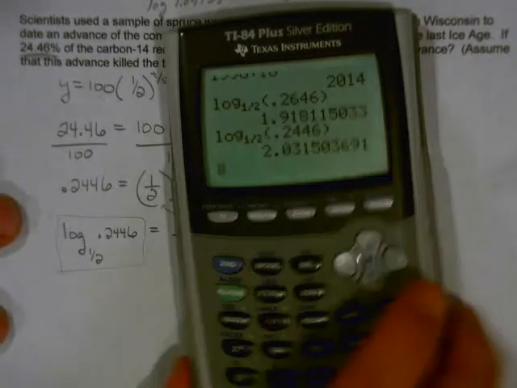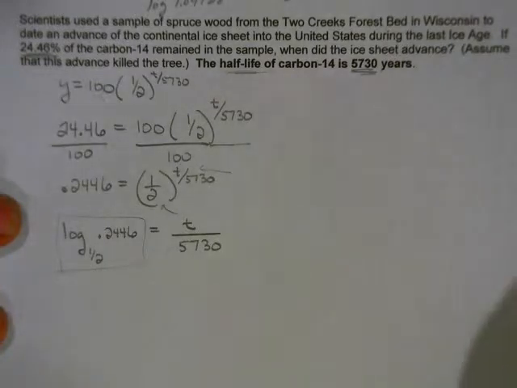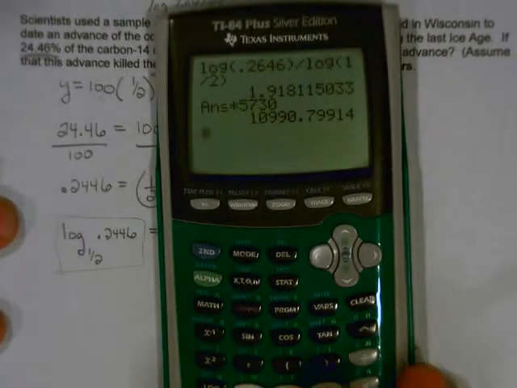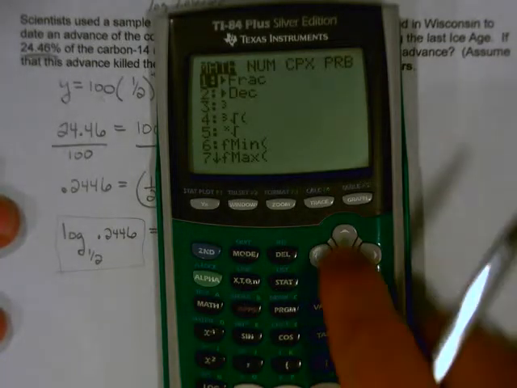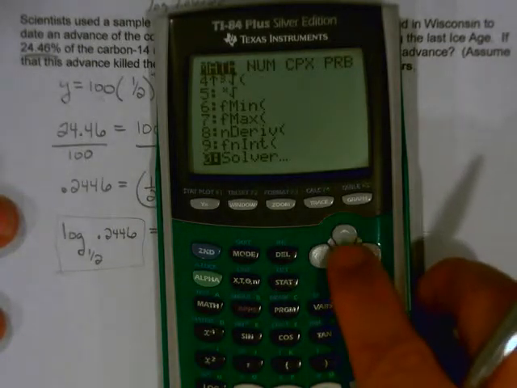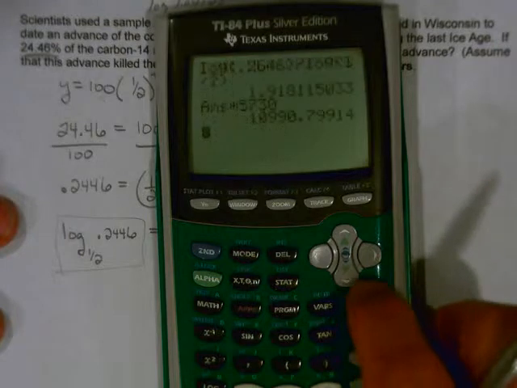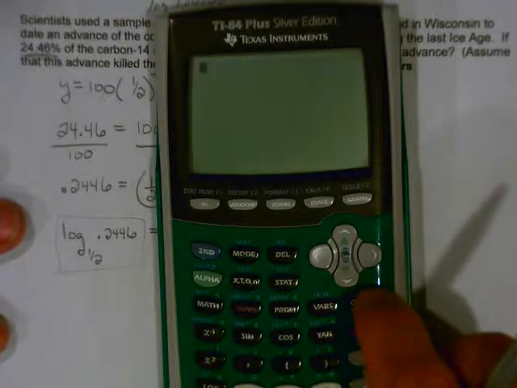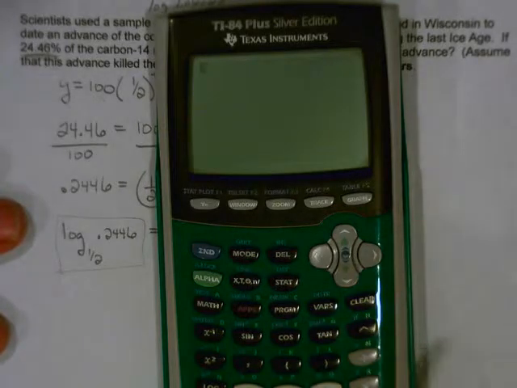and we'll get 2.0315. Now the problem is, on my other calculator here, when I go to that math button and scroll up, notice I don't have that log option. So I have to be able to convert it, or change the base to base 10, so that I can use my log button on the calculator.